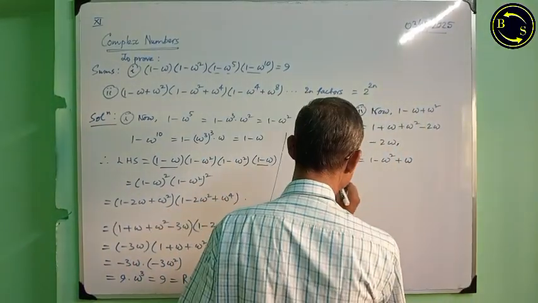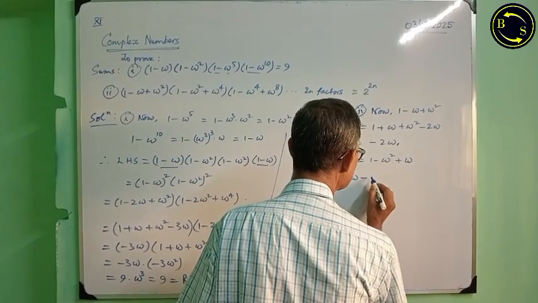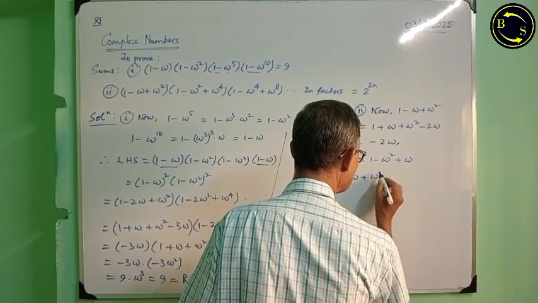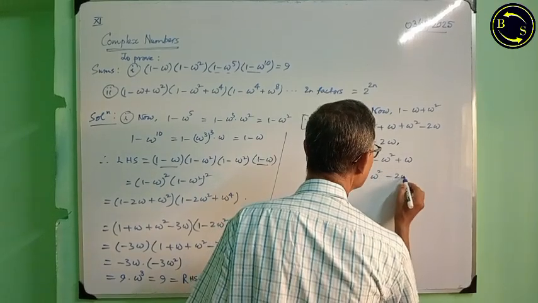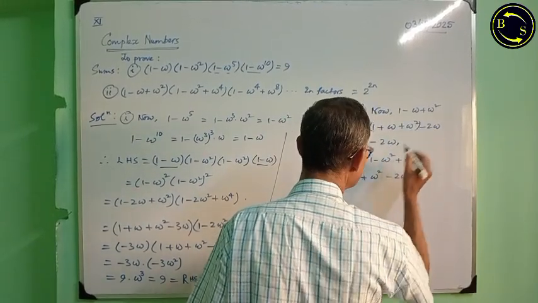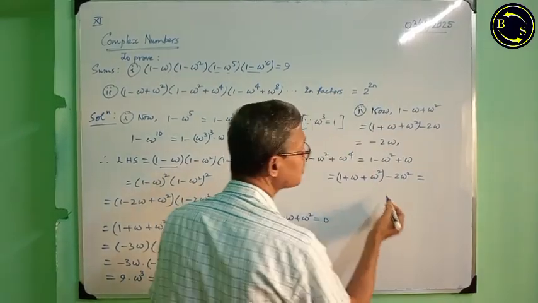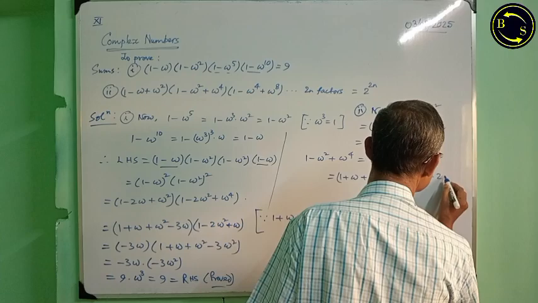Now this can be written as 1 plus omega plus omega square minus 2 omega square. You can put brackets here. Then 0 minus 2 omega square, that is minus 2 omega square.